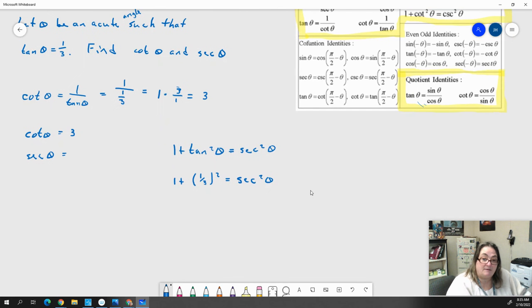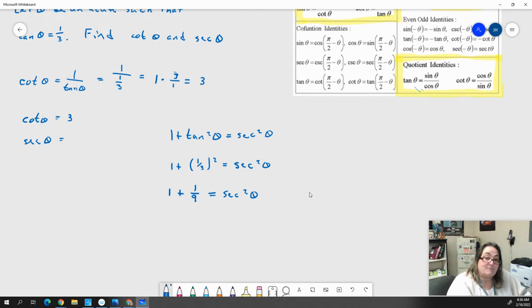So that gives me 1 plus 1/9, since 1/3 squared is 1/9, equals secant squared theta. I need a common denominator here. That denominator is going to be 9. So I could say 9 over 9, which is the same as 1, right? 9 over 9 is 1.